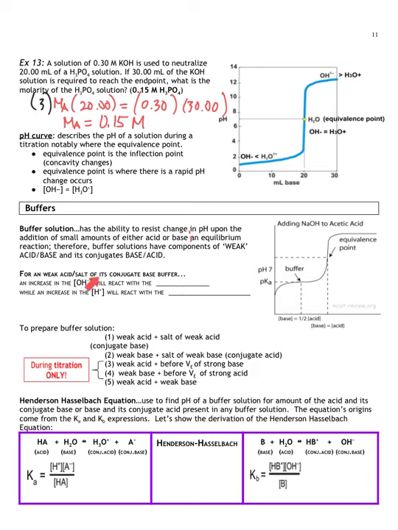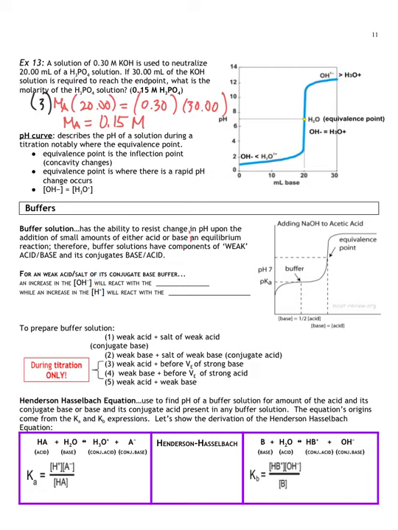So let's talk about how a buffer works. For something like a weak acid and a salt of its conjugate base, that means the salt has the conjugate base of the weak acid. You can make a buffer like this. When more hydroxide ions are added, so when more base is added, the weak acid will react with the base.